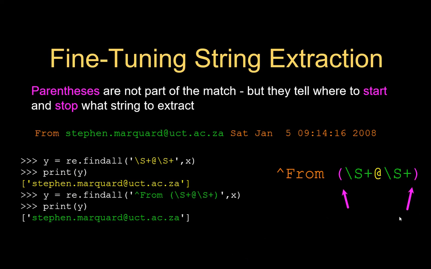For example, here we have caret capital F-r-o-m and a space, which means the line starts with From and a space, and then we get to the email address. Because we have parentheses around that email address regular expression, our output is going to be only the email address.